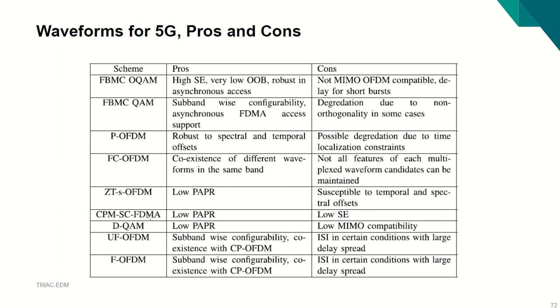And this FDMA also has low PAPR and low SE, and BQAM has low PAPR, but it has low MIMO compatibility. Because in MIMO, while using multiple antennas, it's very easy for those antenna signals to interfere with each other. So that's a MIMO issue.